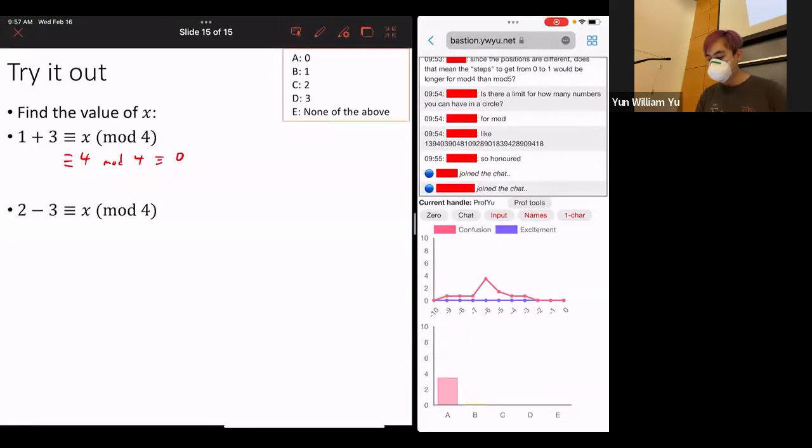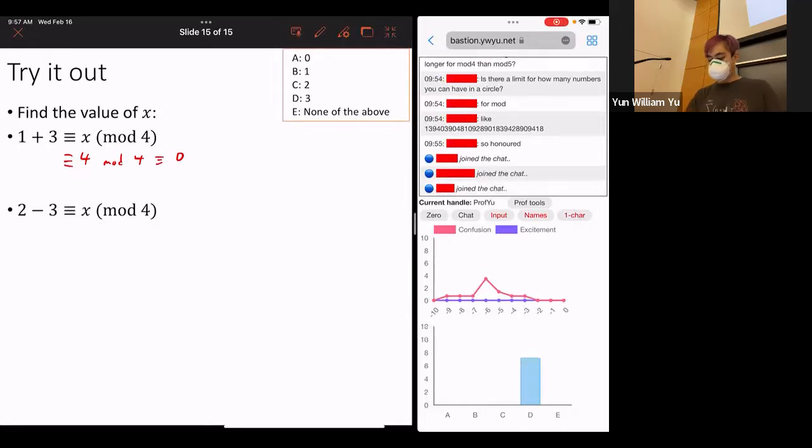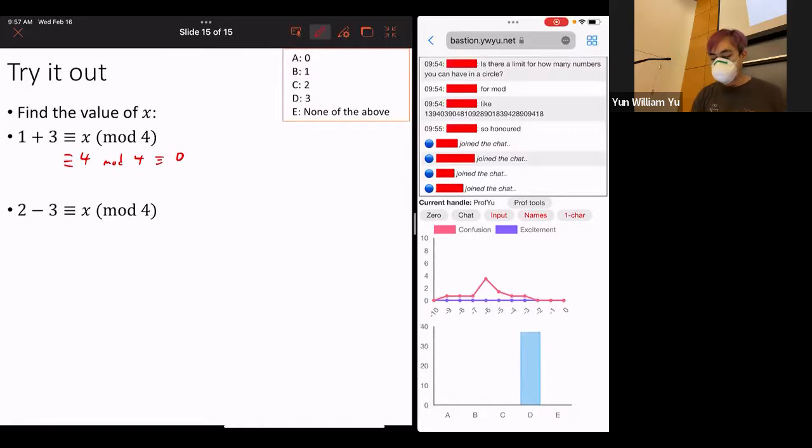Well, let's do another one. What about 2 minus 3? And of course, hopefully you guys all read that this is mod 4, because that is something you have to be a little bit careful about being ambiguous, because that's what you're actually dividing by. And so this is equivalent to minus 1 mod 4, which is equivalent to 3 mod 4.